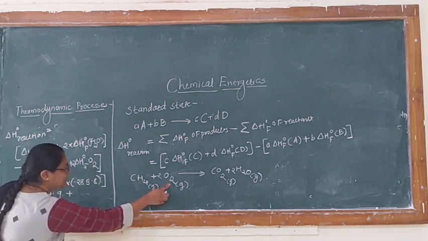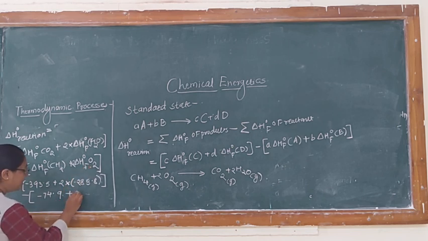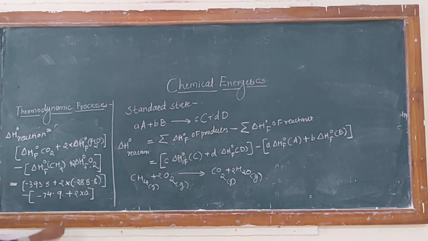This is in the standard state, and as we have considered the standard condition, the delta HF0 for oxygen will be 0, and this comes out to be minus 890.2 kilojoules. So this is how the delta H is calculated for the reaction.